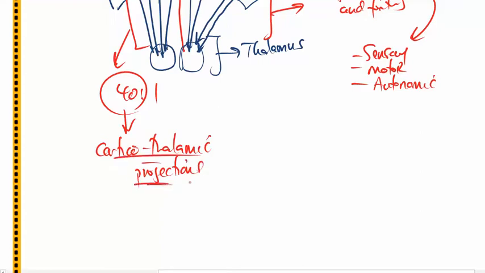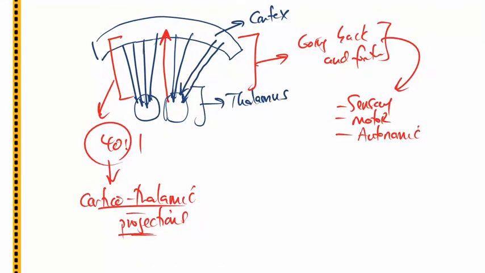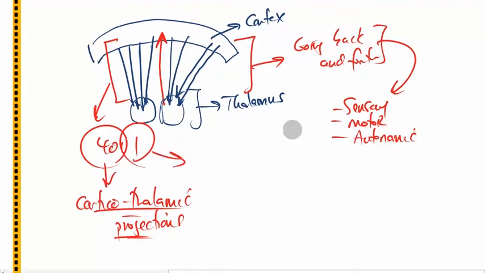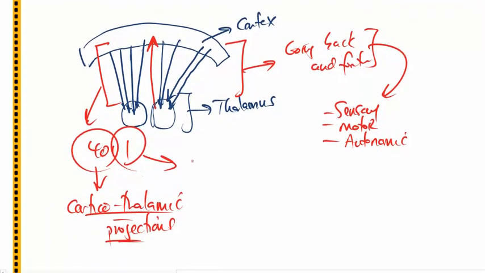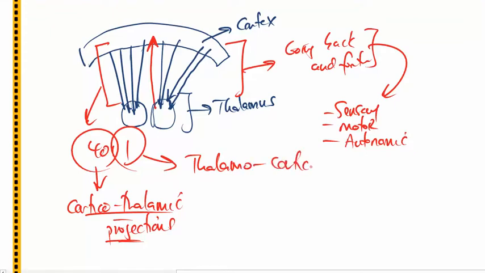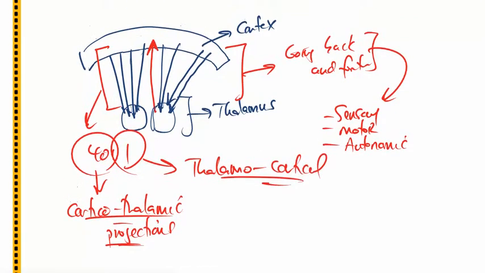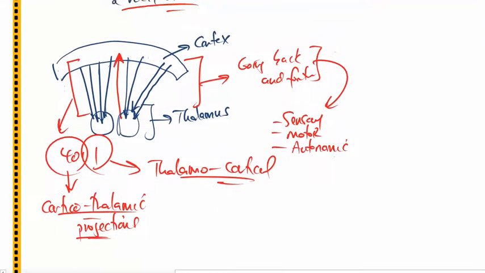So there's more information going from the cortex to the thalamus than there is going from the thalamus to the cortex. This would be thalamocortical. So there's this 40-to-1 ratio: more information coming from the cortex to the thalamus than going from the thalamus to your cortex.